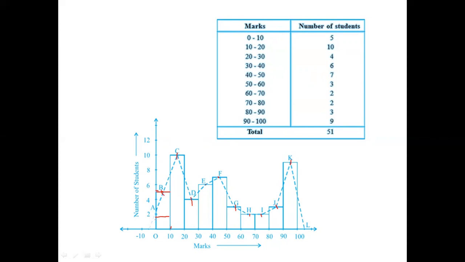Now, the first point: the number of students is 5. So I just need to take 0 and I go and mark near 5. This will be the first point. Then I have 0 to 5, the first point is here.